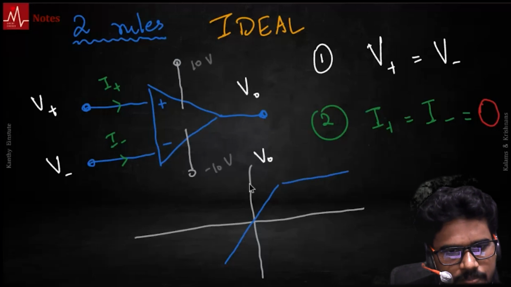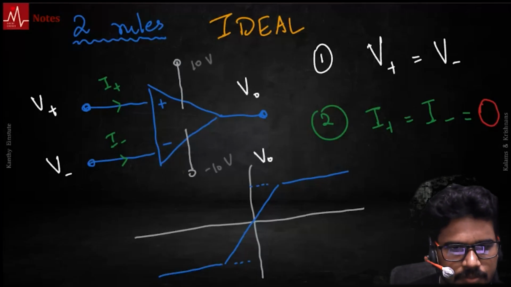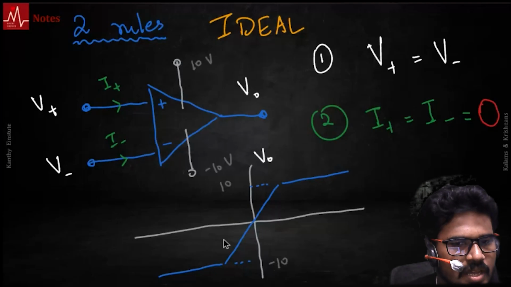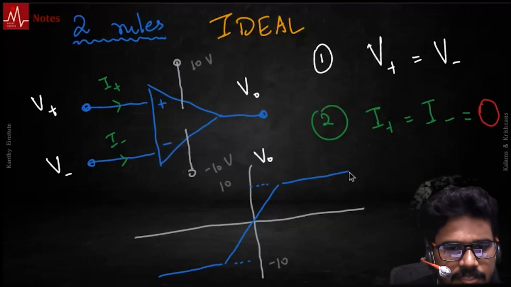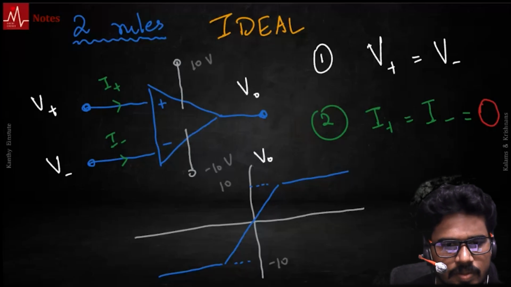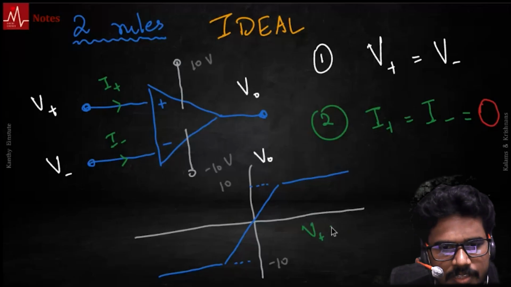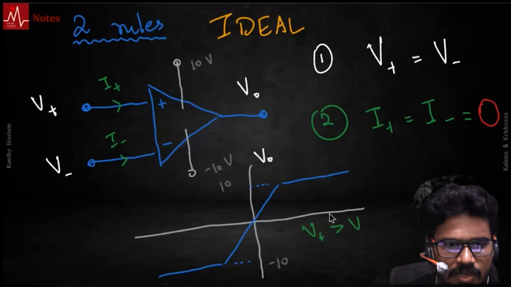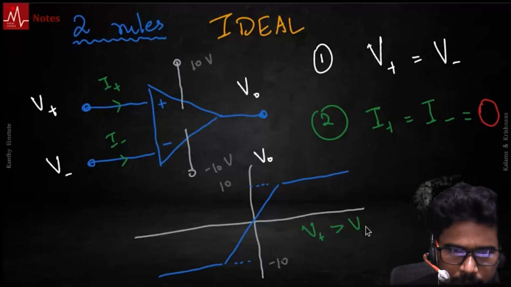It's saturated at plus 10, this is saturated at minus 10, and on this side you have V plus greater than V minus, that is, the inverting terminal dominates.